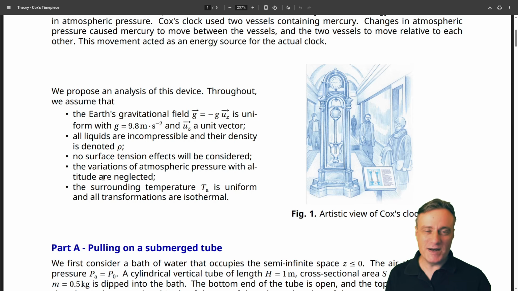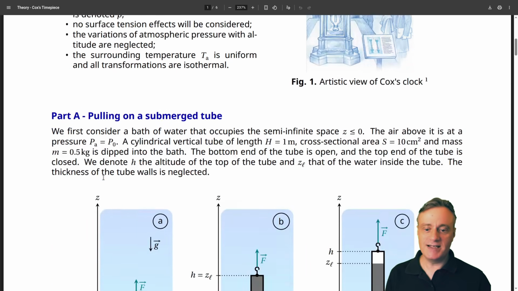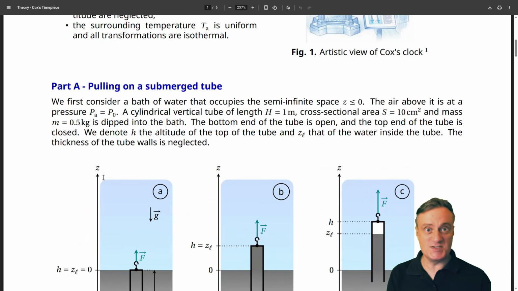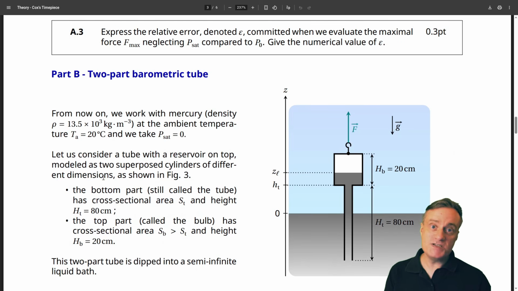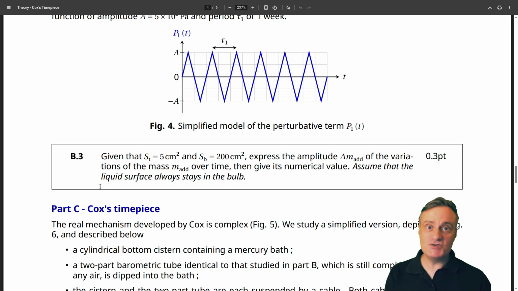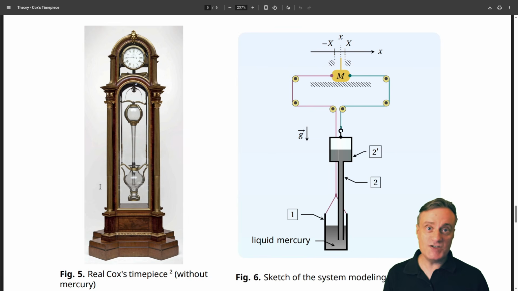So there's a bunch of different things going on, and they look at the physics of a submerged tube, how this might work when you've got several pieces of a tube, and how this can be translated into becoming an actual working clock. And so they finish up with working out how this actual clock works when powered by the weather. Again, this is something which is understandable using high school physics, but almost certainly has not been covered in any lesson that anyone has had.